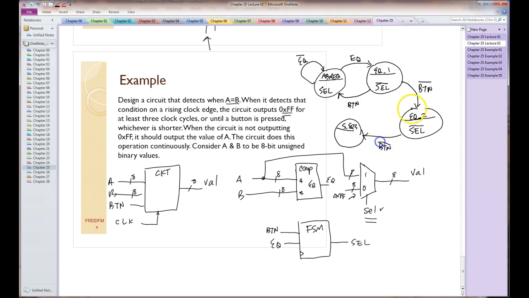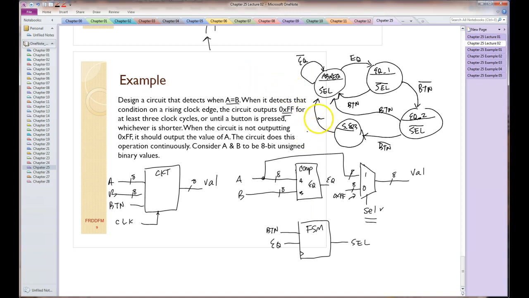Of course, if someone presses a button in this state, it's going to go back to the start state. And so once again, I have a button and a non-button, a button and a non-button. And this state is the third state. It's going to transition back to the beginning state unconditionally.